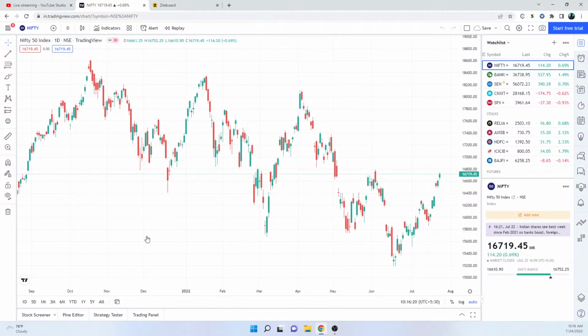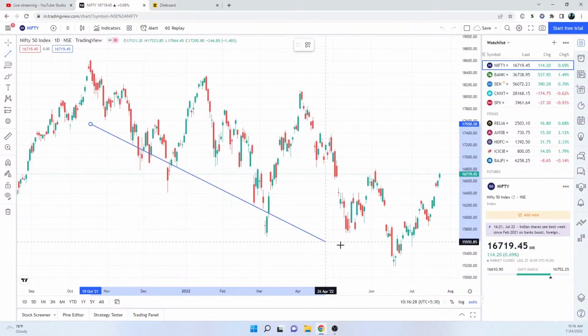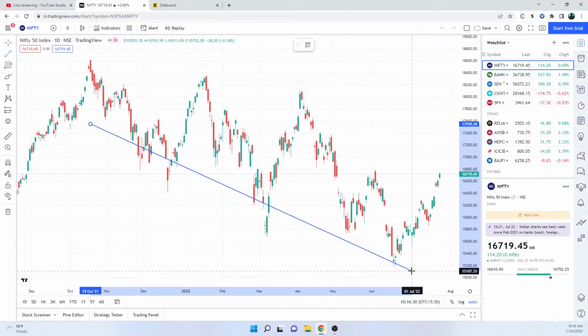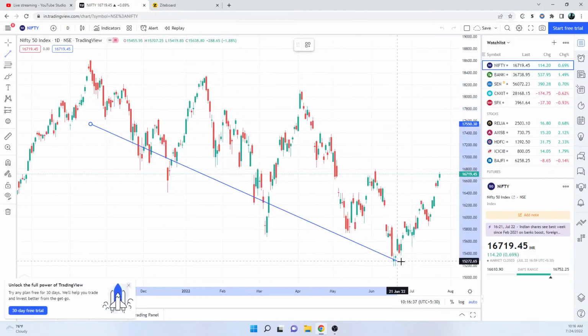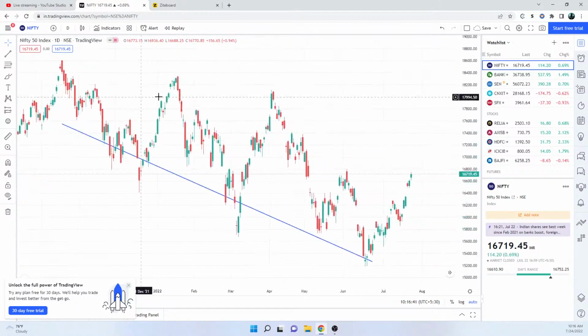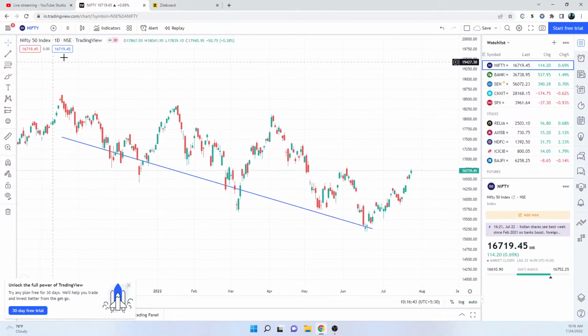There are many ways of generating one. Just by looking at it, we can have some kind of line formation, that the Nifty will bounce up whenever it hits its support or its resistance. I'm not very good at drawing, so pardon me on that one.